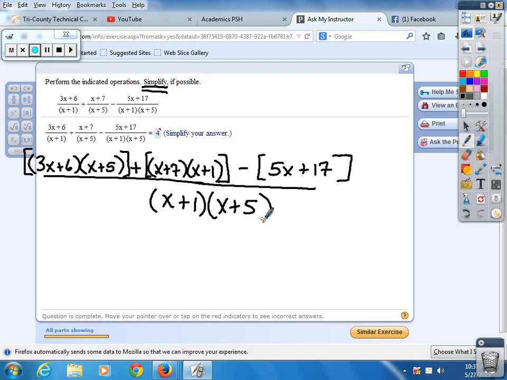So if you need the baby step, we'll put it in there. Let me just put it over here. Let me take the red marker, and that will be x plus 1 times x plus 5, you're right, over 1.